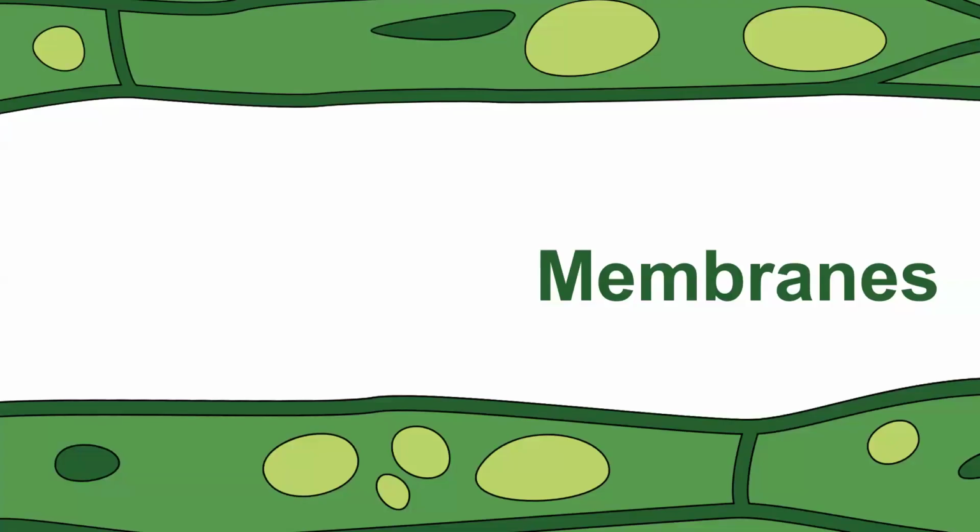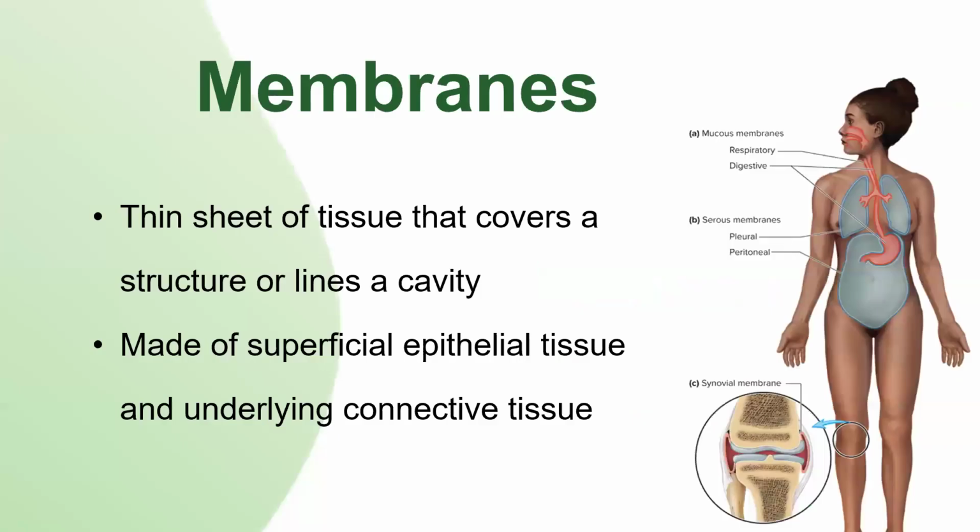All right, last little piece is membranes. And so all of our membranes are thin sheets of tissue, and they're going to either cover a structure or line a cavity. And so this is actually going back to epithelial tissue and connective tissue. So just like our skin, it's made of epithelial tissue with underlying connective tissue.